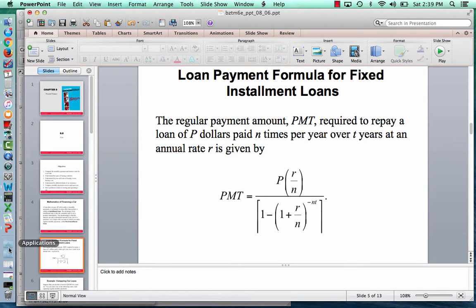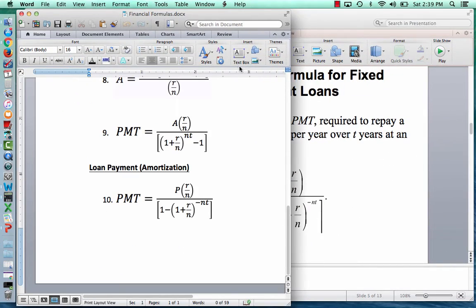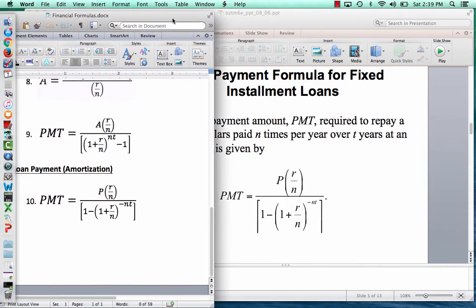On my formula sheet, this is formula number 10. It's basically exactly the same as before, nothing different on this one as opposed to 8 and 9, which were slightly altered. So we're going to use this formula. The big thing I am going to do is insert a parenthesis for this exponent.